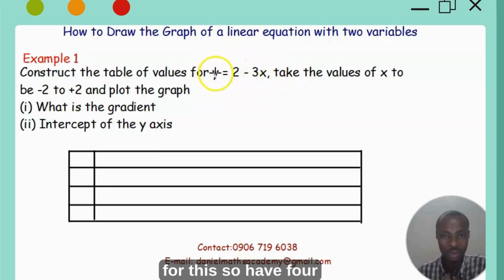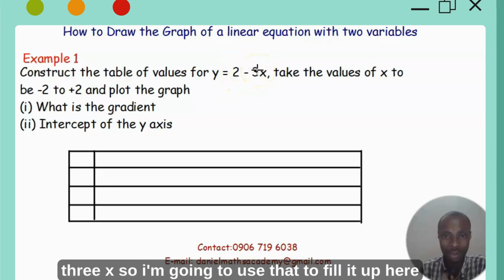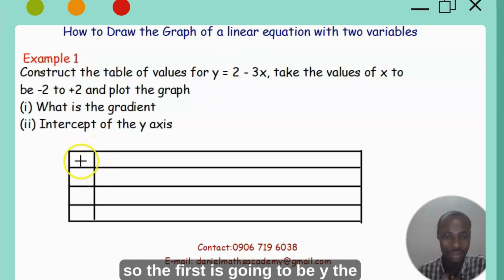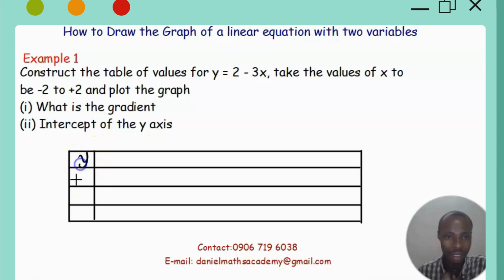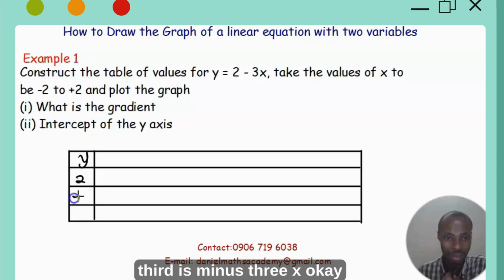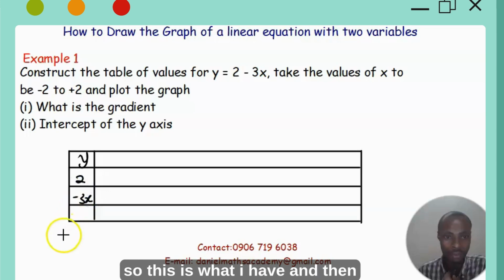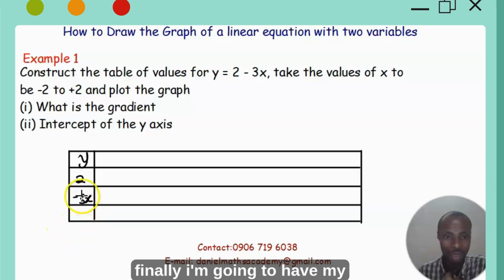We have three parts: first y, second 2, and the third minus 3x. So the first is going to be y, the second is 2, and the third is minus 3x. Okay, so this is what I have, and then finally I'm going to have my x values.